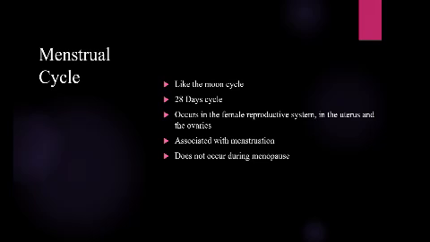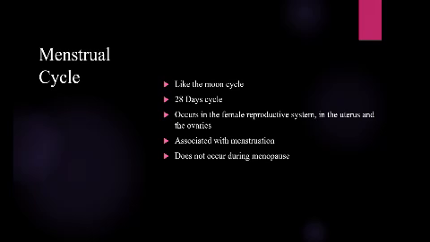Now, you must also know that the menstrual cycle is associated with menstruation, which occurs in girls. Know that it does not occur during menopause. Now, remember that menopause is whereby you've reached the age of aging, right? You are now old and you cannot bear children anymore, right?